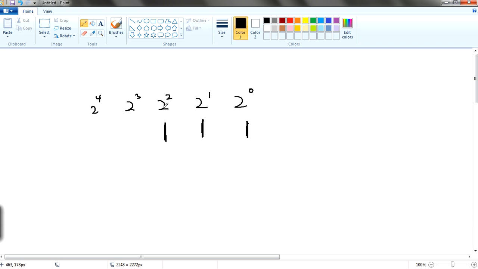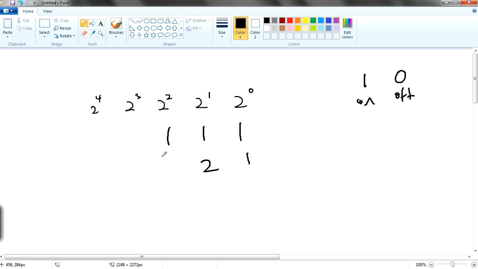So this is 1, and then this will be 0. If this is 1, this is 4, since 2 times 2 equals 4. In other words, there will be 1 and 0. If this is 0, it means off; if it's 1, it is on. So if this is on, then 2 to the power of 0 is 1. If this is 1, then 2 to the power of 1 is 2.